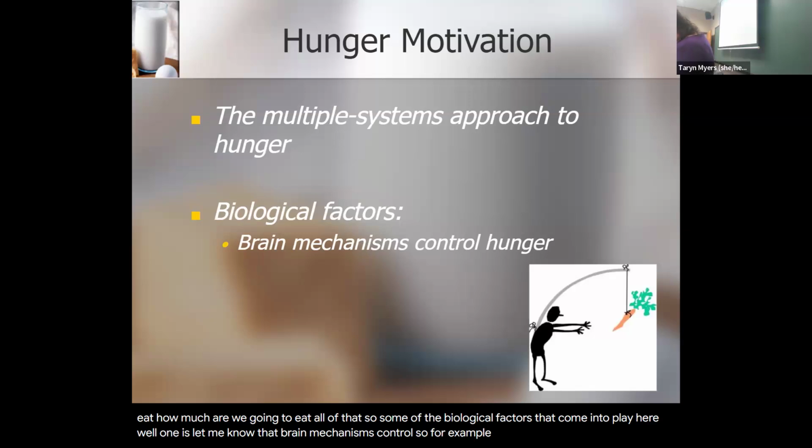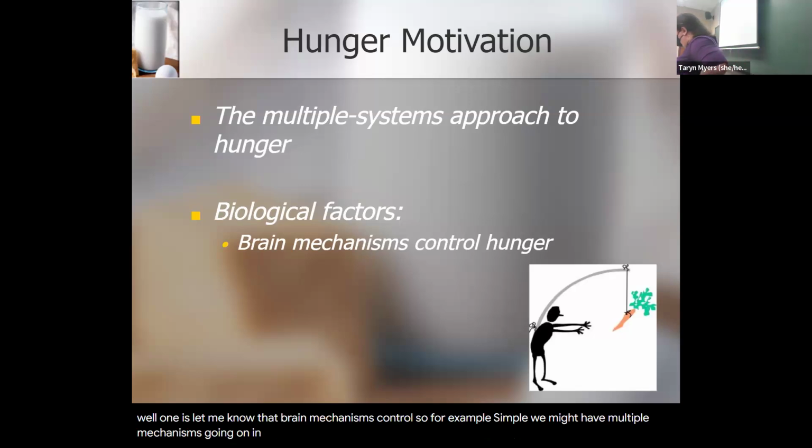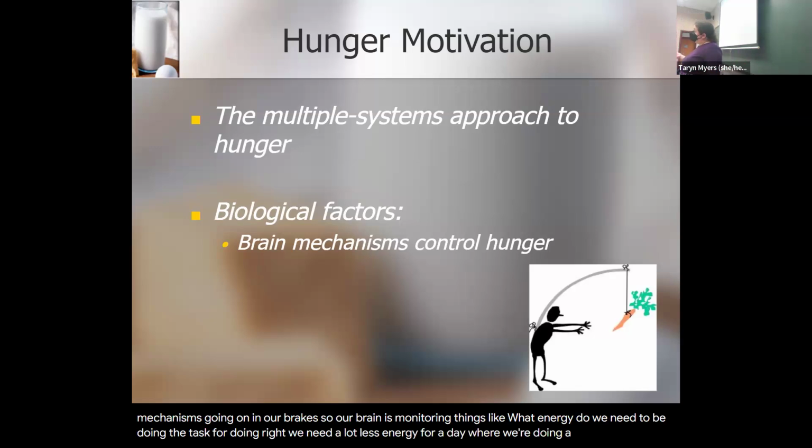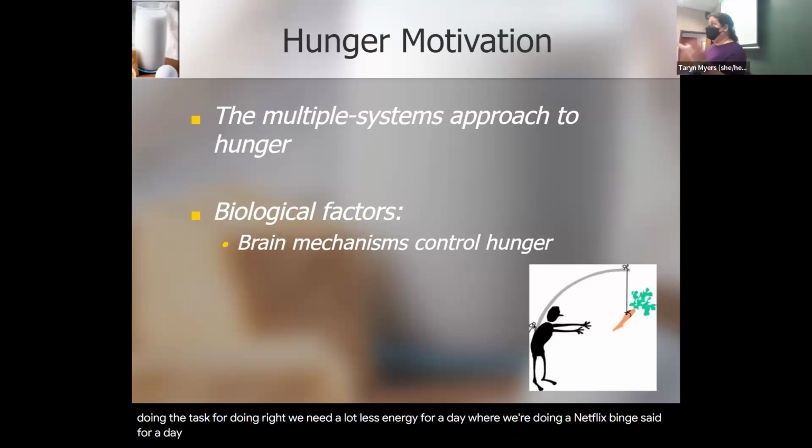So for example, we might have multiple mechanisms going on in our brains. So our brain is monitoring things like, what energy do we need to be doing the task we're doing, right? We need a lot less energy for a day where we're doing a Netflix binge than for a day where we're, I don't know, running a marathon, right? That's an extreme example.